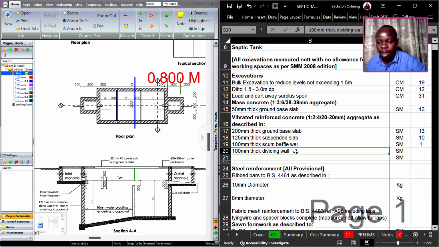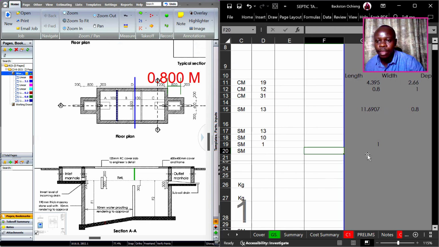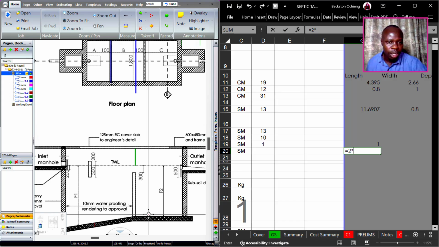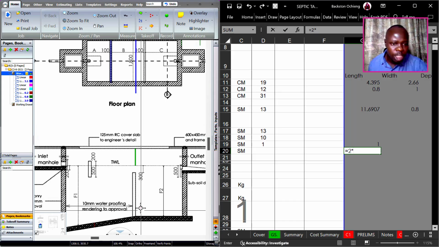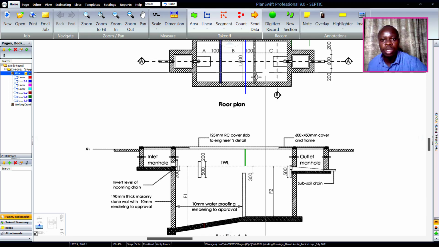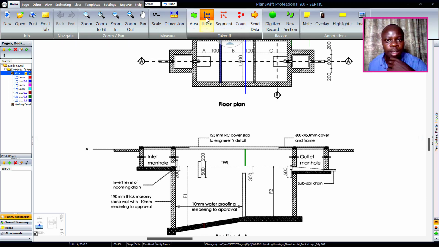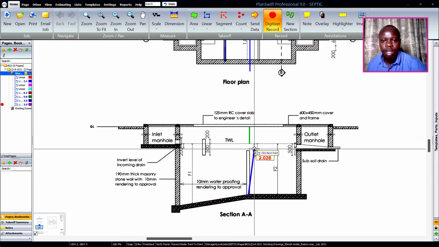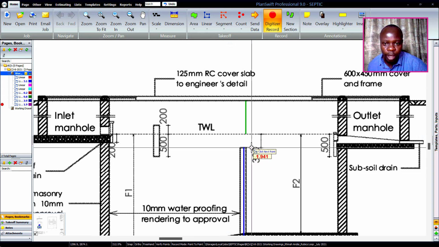So the unit of measurement is square meters. We'll take the 2 meters as the length, multiplied by the height. The height of this particular dividing wall, how do you go about that? We can measure using our Planswift. Go to the linear tool as well, click OK. Then from where it starts, go all the way up to where it stops.